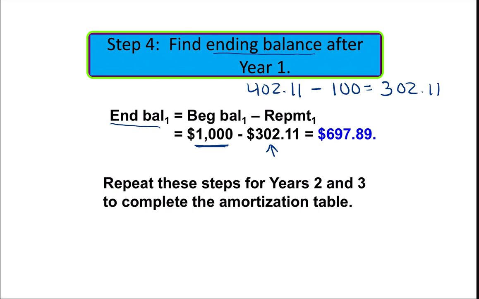This is your beginning loan balance. We're subtracting how much is being paid towards principal. This is your new balance for the next period. And then we continue this for the next period to find out the next payment.